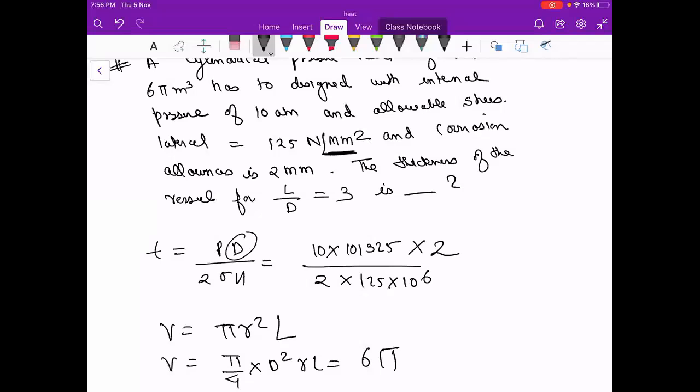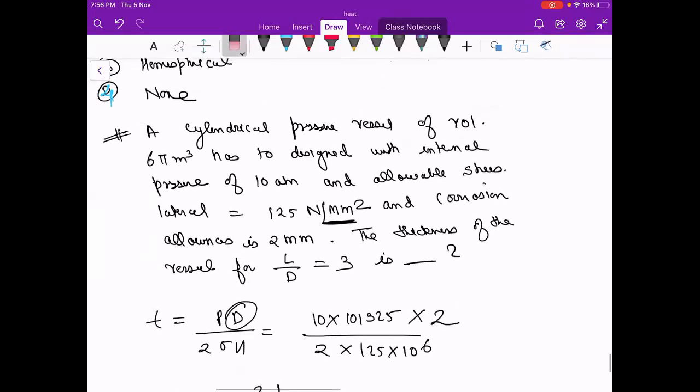You can write it in terms of diameter or in terms of radius. Here it is given in terms of diameter, so in this formula it is diameter instead of radius.